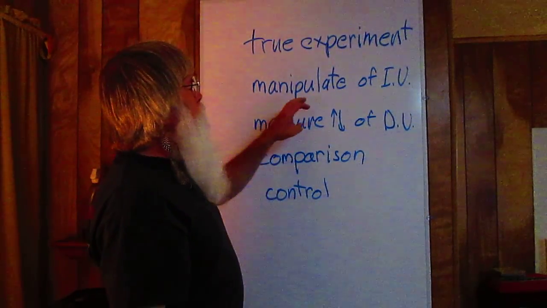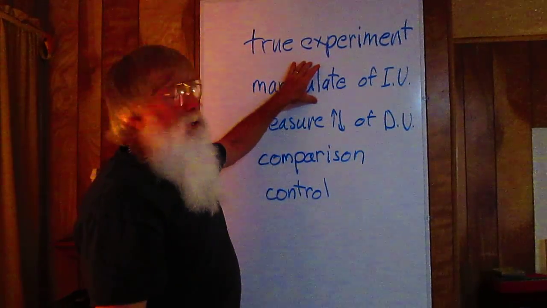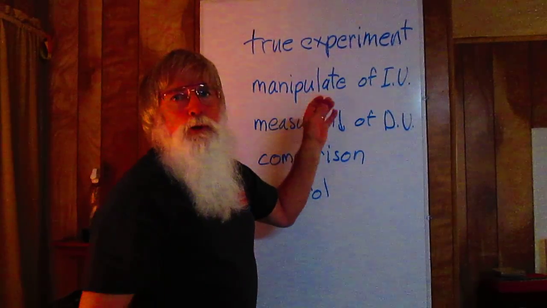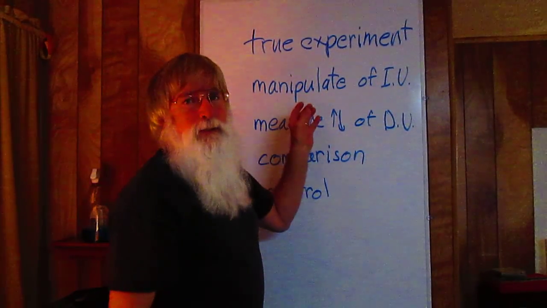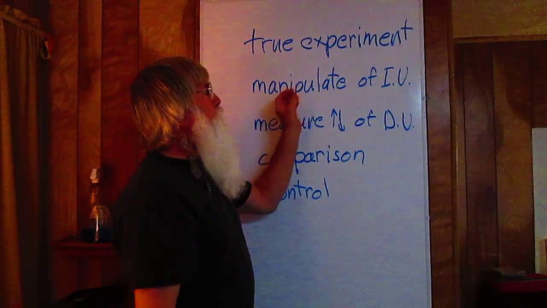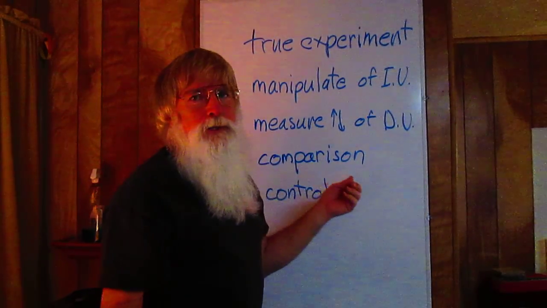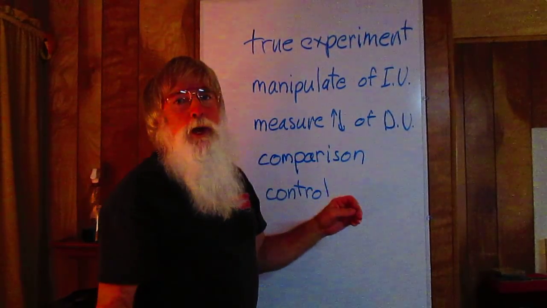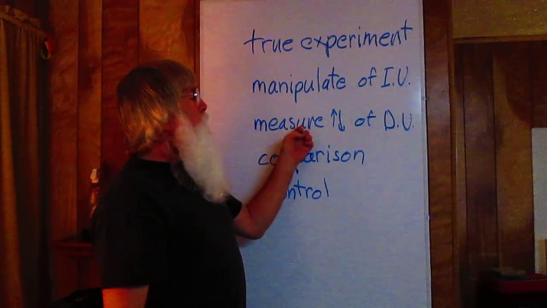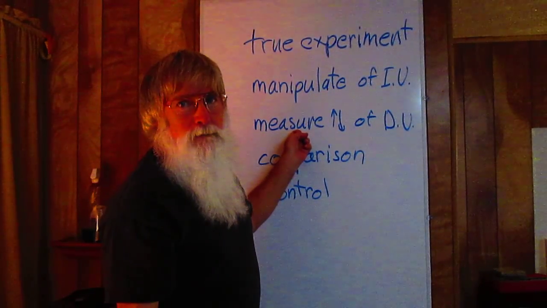In other words, the group that we gave the study guide to would have to be very similar to the group that did not get the study guide. And the conditions under which they took the exam would all have to be the same. For instance, there would be a confound if we were to give one group the test in the morning and one group the test in the evening.